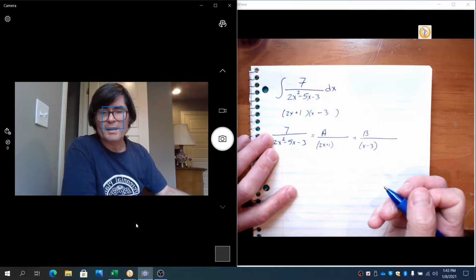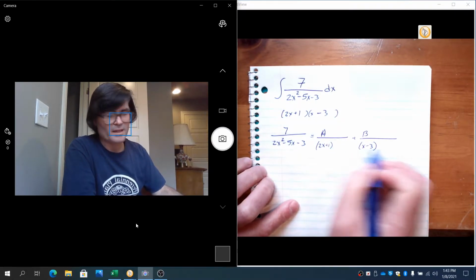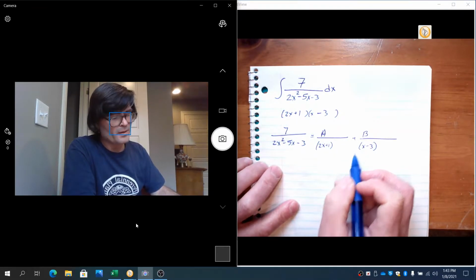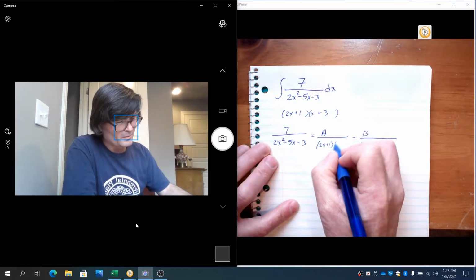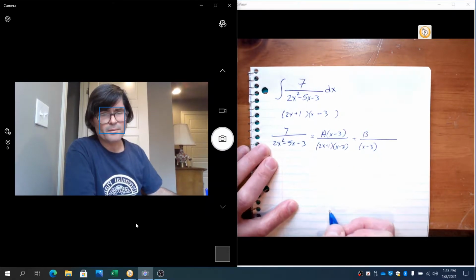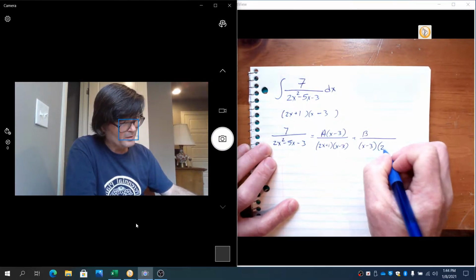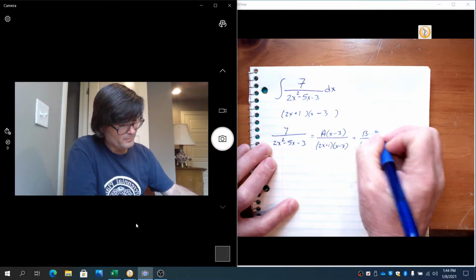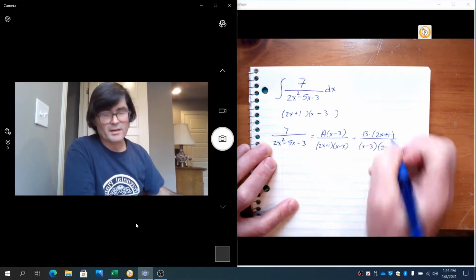And we will go ahead and combine those together by adding them together with common denominators. Here I lack an x minus 3, so I'll multiply by x minus 3 on bottom and on top. And then here I'll multiply by 2x plus 1 on bottom and on top.